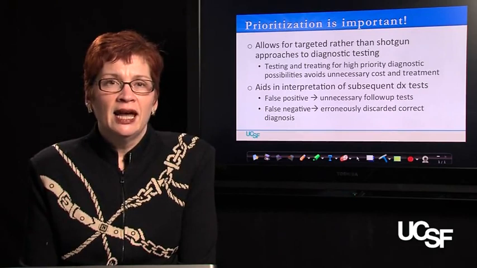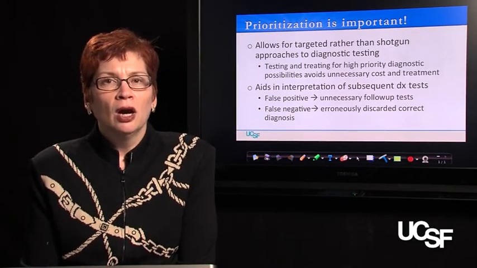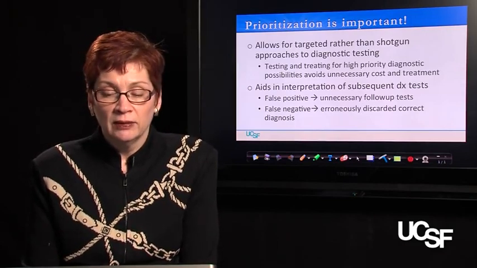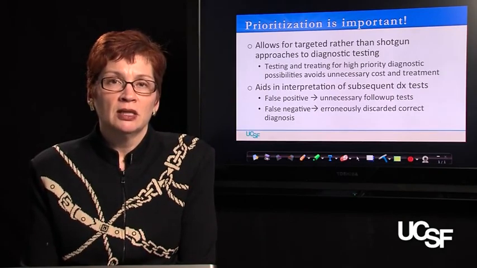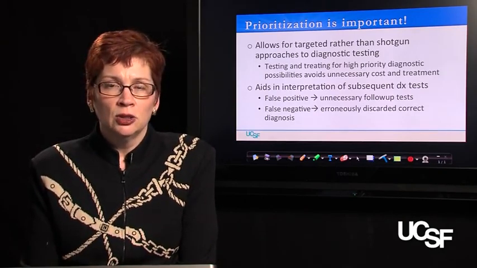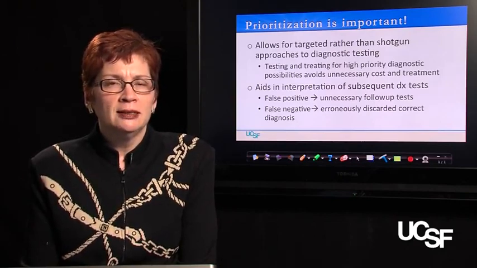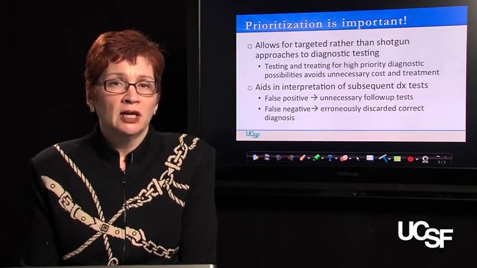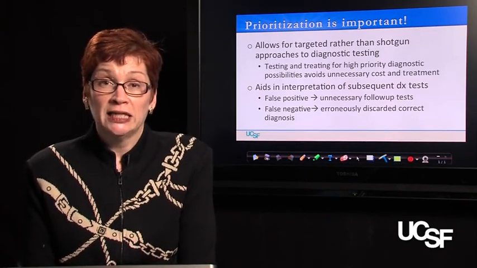It's important to take that list and put the most important diagnoses at the top to target rather than shotgun your approach to diagnostic testing, because testing and treating for high priority diagnostic possibilities avoids unnecessary cost in treatment and prevents wasted time. You want to put your attention on the diseases that are most likely to be causing the patient's problem so that you don't have to run up a large lab bill and waste a lot of time and energy on the part of the patient or the physician in terms of looking at tests that were not really helpful.